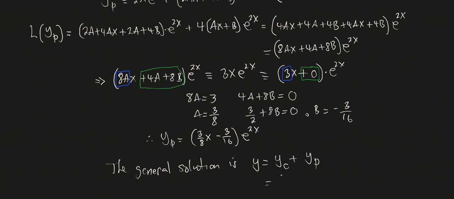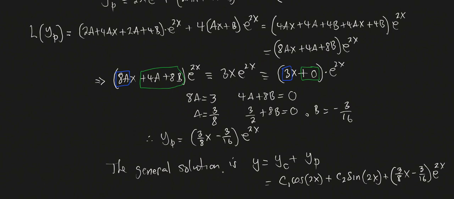Y sub c was that, remember with our complex conjugate roots, we got c1 cosine of 2x plus c2 sine of 2x, and then plus our educated guess here, 3/8 x minus 3/16 times e to the 2x.